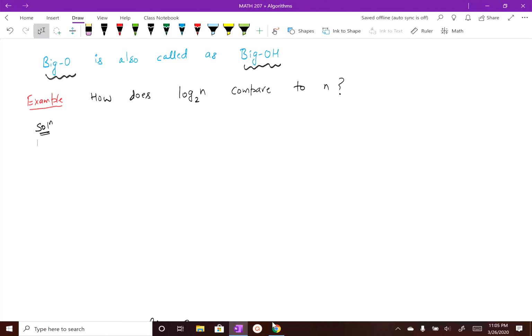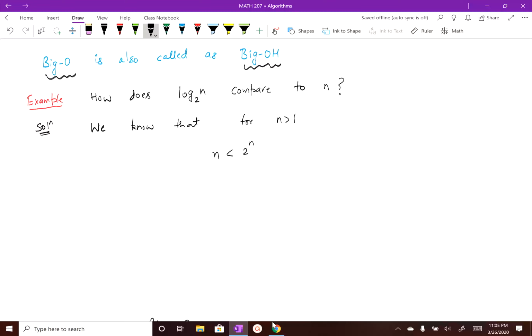Now to compare these two functions, log of n and n, we can use one of the inequalities which we proved in our mathematical induction. Then we know that for n greater than 1, n is going to be less than 2 to the power n.